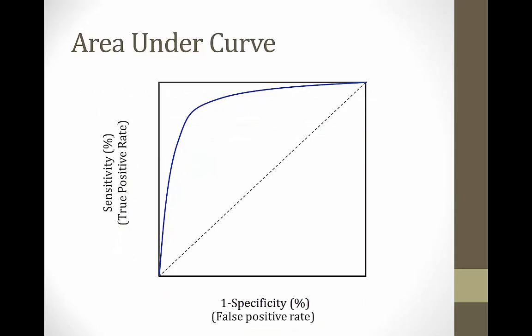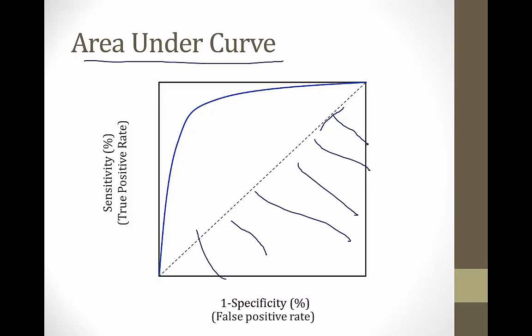One other concept that sometimes comes up is the area under the ROC curve. So the more area under the curve, the better your test is at discriminating true from false positives. So let's look at this straight line here, which remember I said is a bad test. This has half the area of this box under it. So it would have an area under the curve of 0.5, and that's a bad test. This blue curve here has a much higher area under the curve.